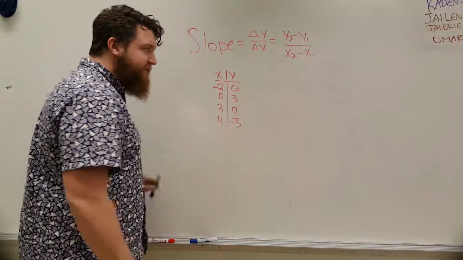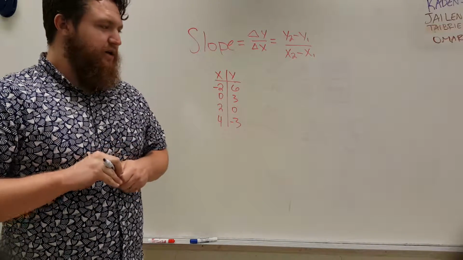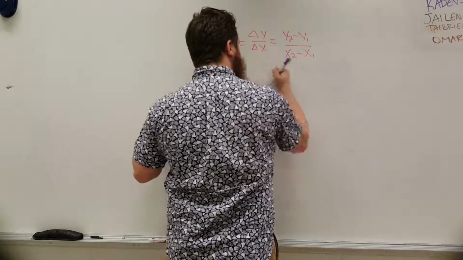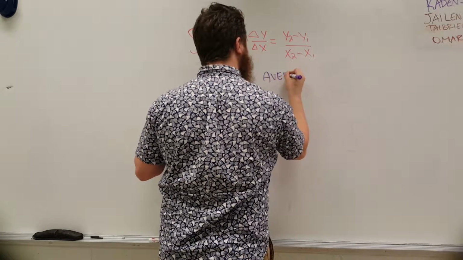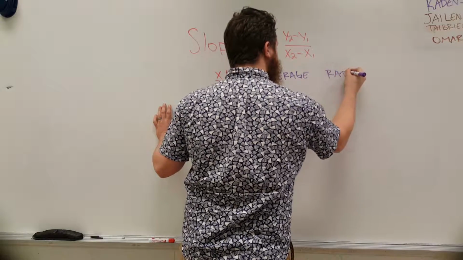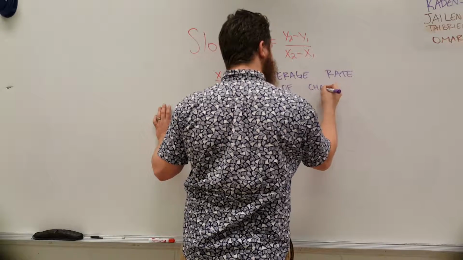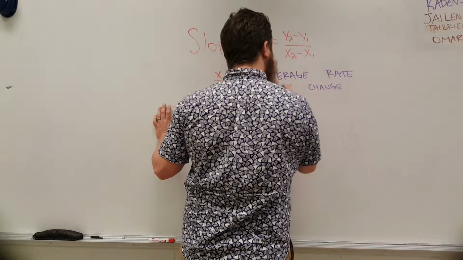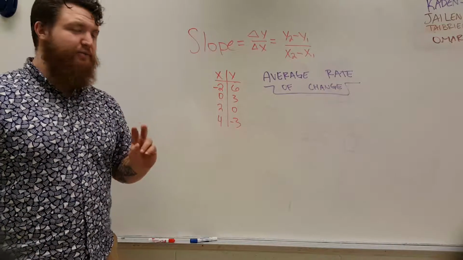However, I'm going to take this time right now to teach you a special type of slope. Okay? And it will be called average rate of change. Now, we're going to cover this later, but I'm going to put a plug in for it right now. So average rate of change is finding the slope between two specific points.